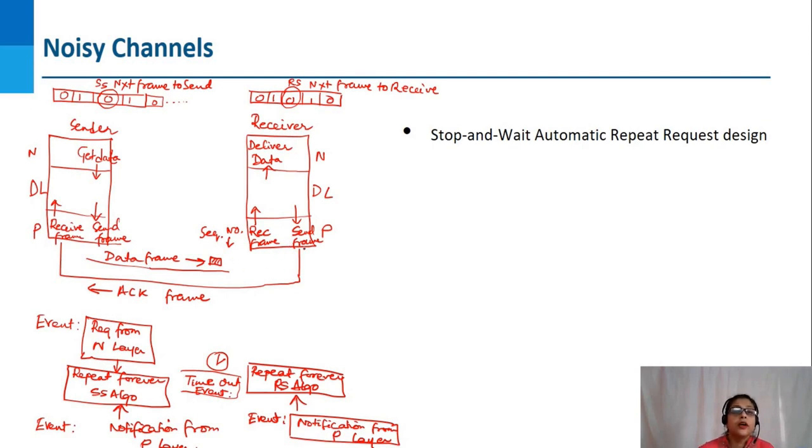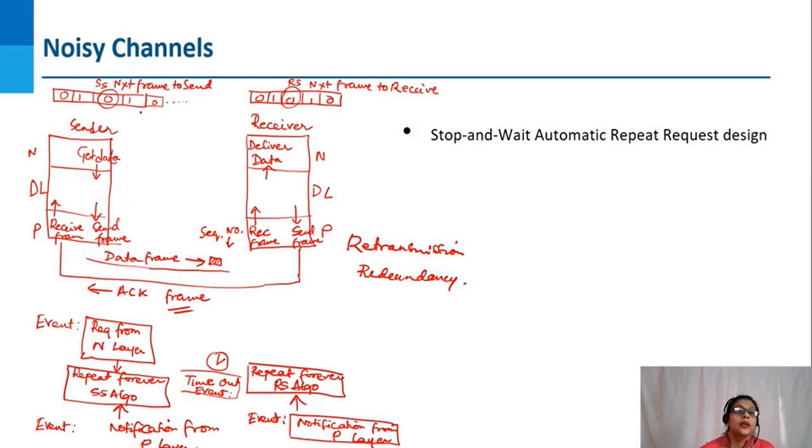The receiver will check for errors in the data frame, either by retransmission or by redundancy techniques. So if it finds that the data is erroneous, it will remain silent without sending the acknowledgement frame, meaning that it has discarded the data.